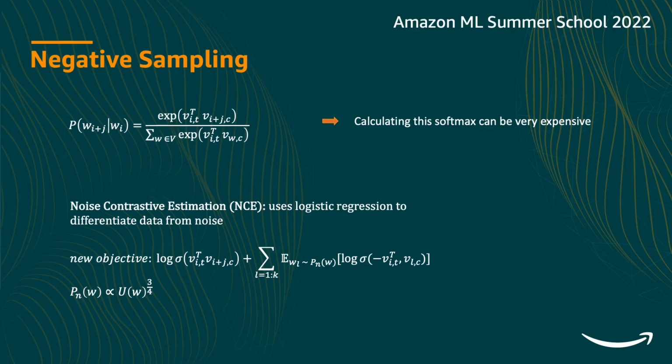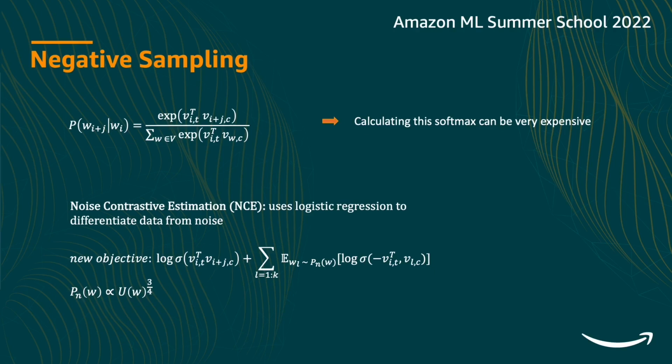To speed up the training, there is a technique called noise contrastive estimation, which provides a way to approximate the above probability under some conditions by using logistic regression to differentiate our data term from the noise term. But our primary task is not to compute this exact probability, but rather to learn good, meaningful embeddings.